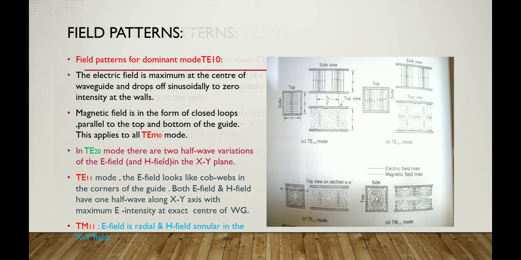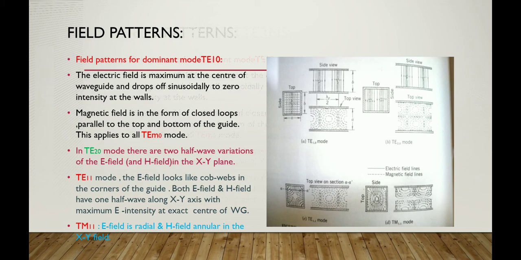The magnetic field is in the form of closed loops, forming dotted lines and closed loops parallel to the top or bottom of the guide. So the loops of the magnetic field can be viewed from the top or bottom of the guide. This applies to all TEn0 modes, say 10, 20, 30.